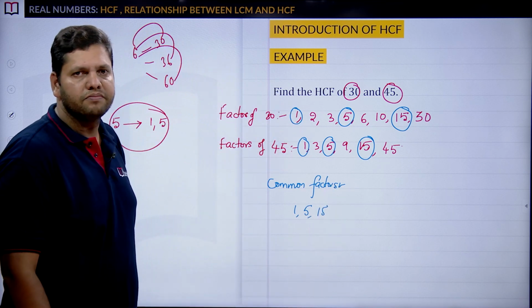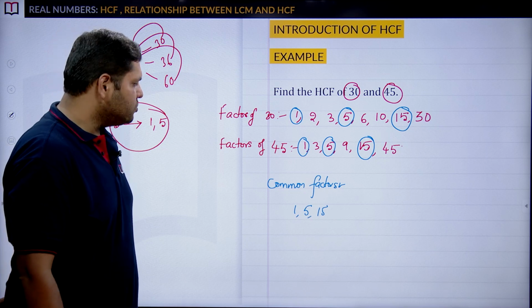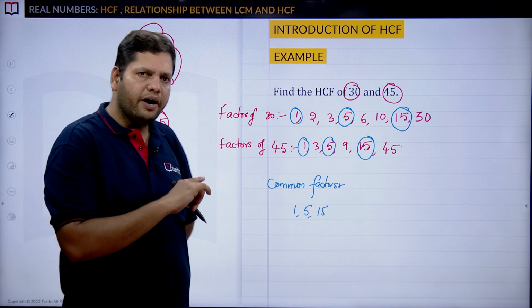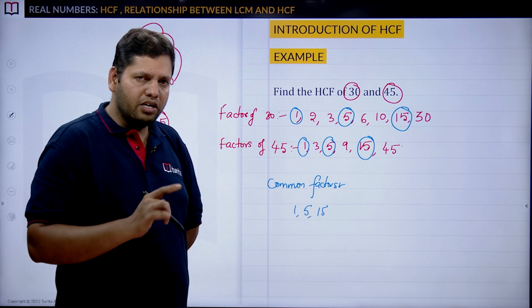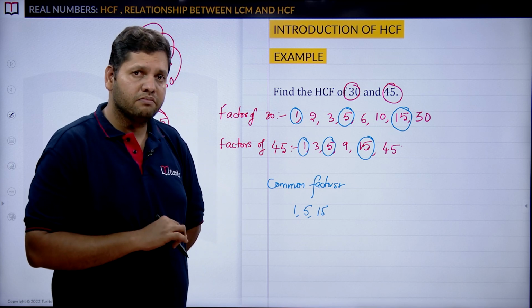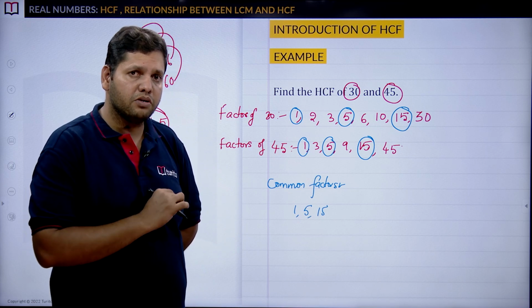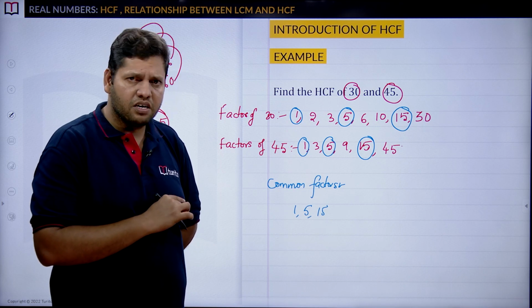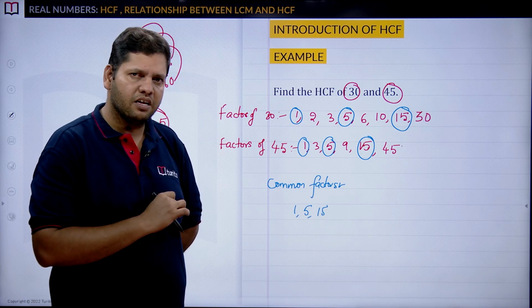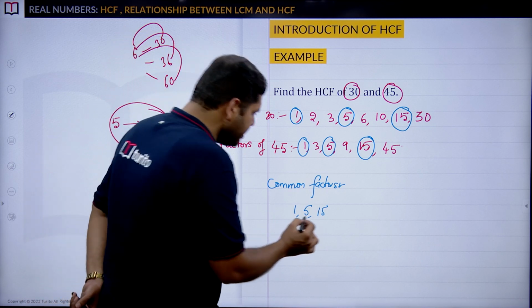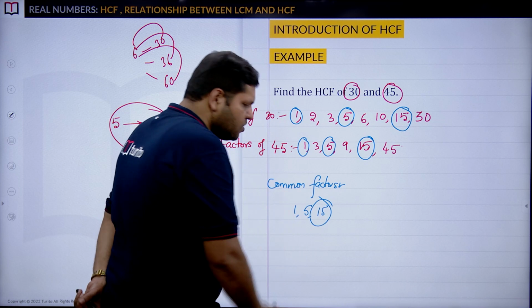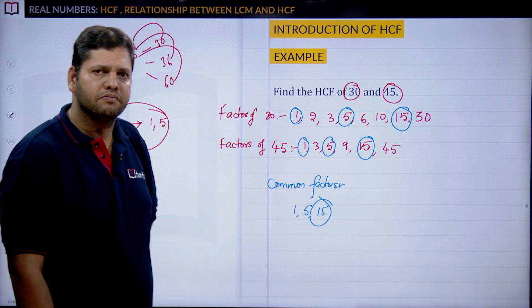Isn't it, children? Now, what is my question? Out of 1, 5 and 15, can you tell me which is the greatest one? Which number is greatest among the three numbers? 1 or 5 or 15? Tell me, children. 15 is the greatest one. Don't you know comparison of numbers? Yes or no?